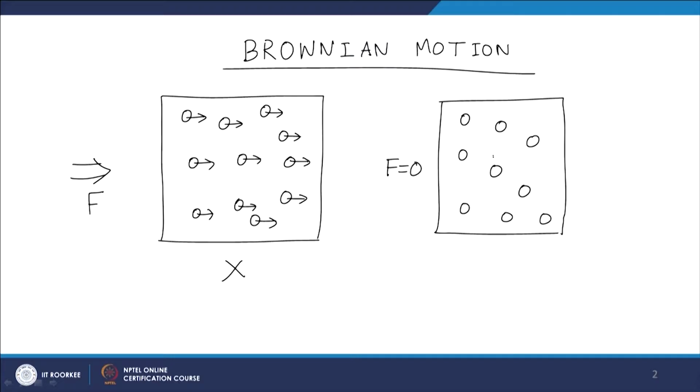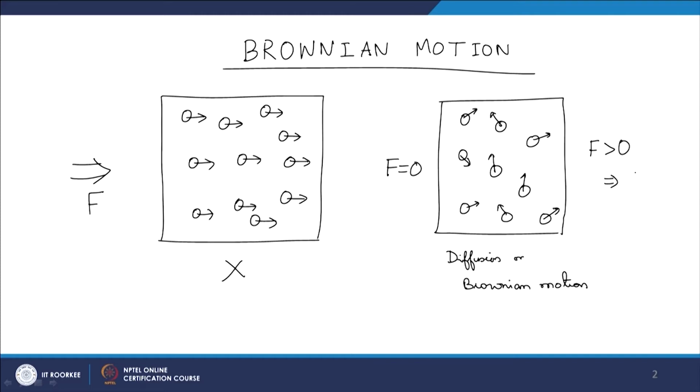Molecules do indeed move, but the motions are in different directions, which we refer to as diffusion or Brownian motion. And only when an additional force is applied, if F is higher than 0, then we also have an additional convection that occurs because on average the molecules tend to move in the direction of the force.